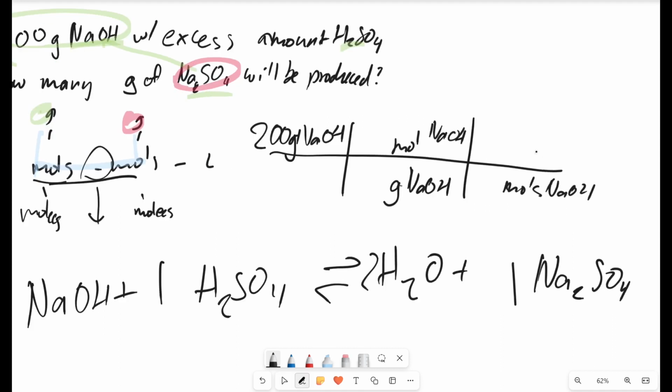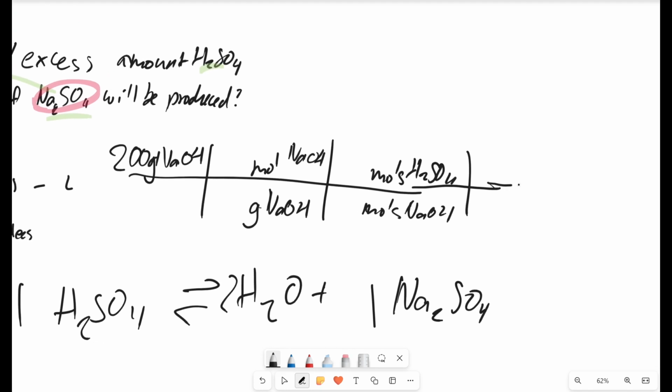Moles NaOH on bottom because that's what we have on top. Moles H2SO4 because that's what we want to get to. And ultimately, we're going to bring this down one more time, grams H2SO4.